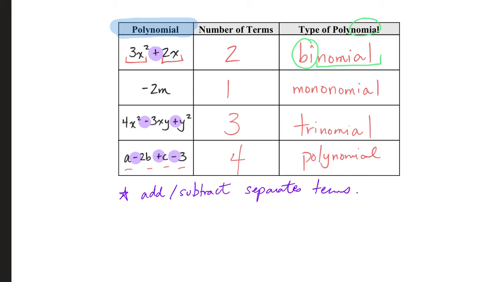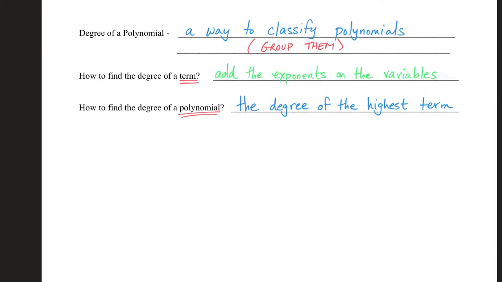Okay, let's kind of change gears a little bit now. What you see on your screen is a way for us to start to classify polynomials. And what that is, it's called by degree. So you see that degree at the front.